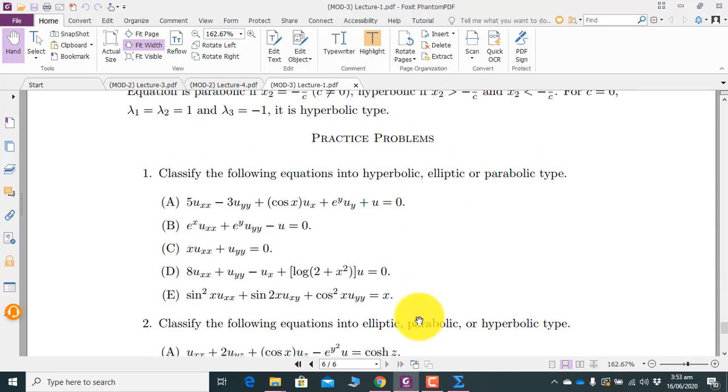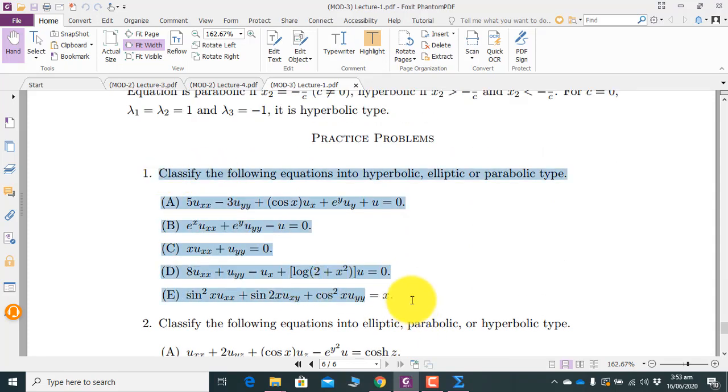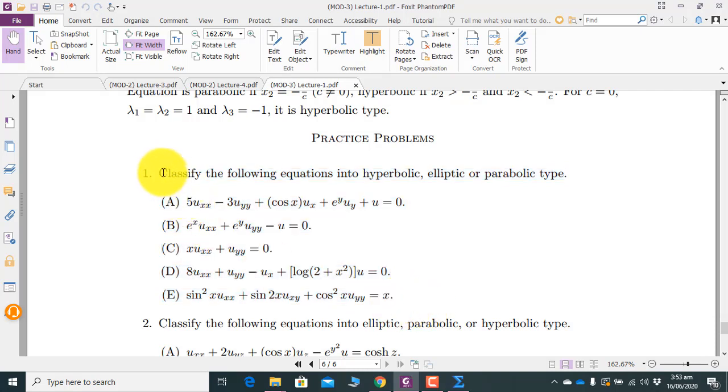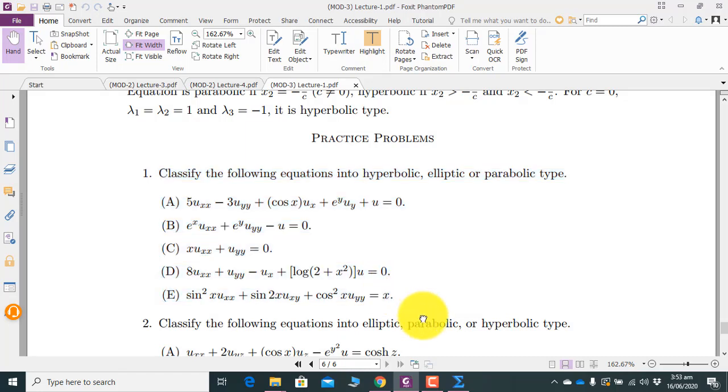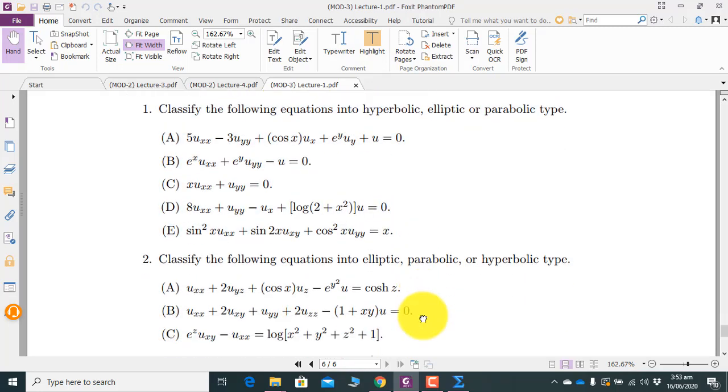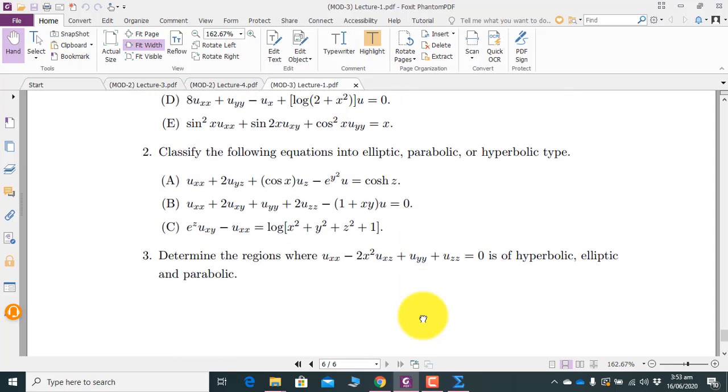Okay, there are examples regarding classification. You have to classify which partial differential equation is elliptic, parabolic or hyperbolic. Only focus your attention on the principal part. But this equation is not of your interest, because it has 3 independent variables, I think.